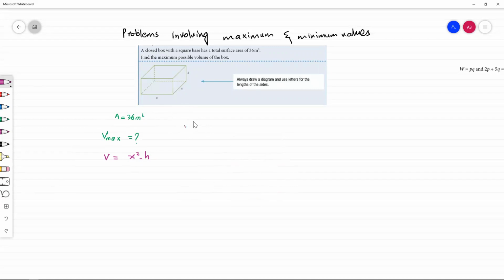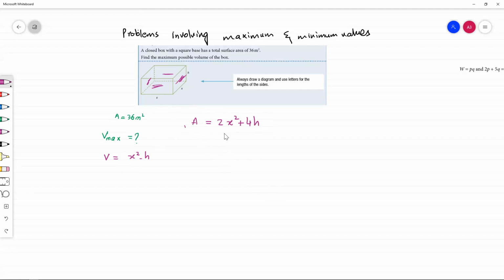The closed box with the square base has a total surface area of 36 meters squared. So the total surface area is equal to the base areas, x squared plus x squared, which becomes 2x squared, while the side area, because it is a square box, is x times h for each side, and we have 4 sides, so plus 4xh.